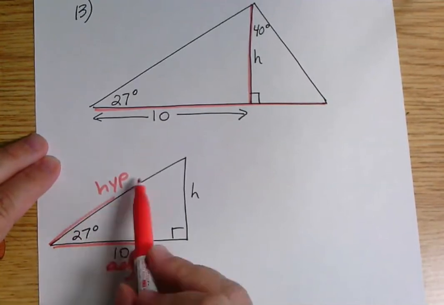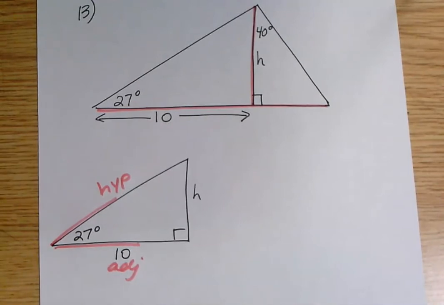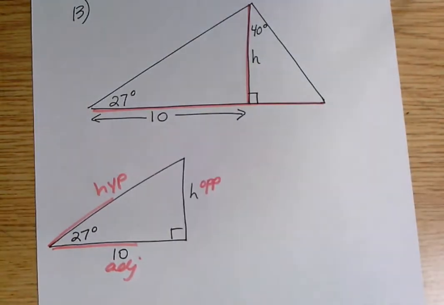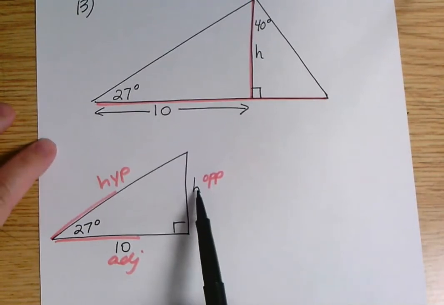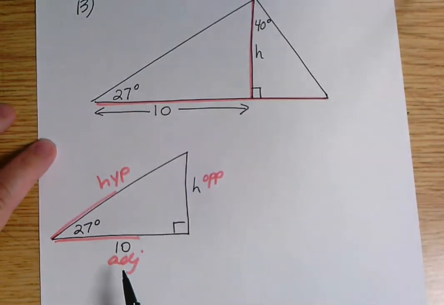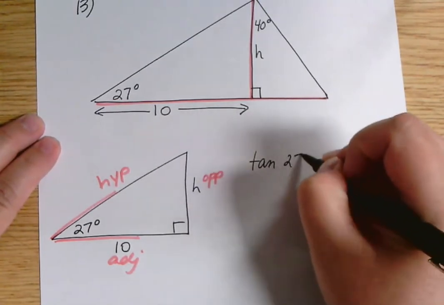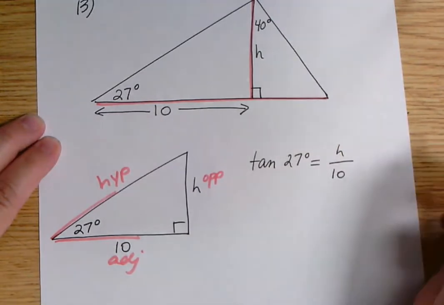The two sides of the angle are always the hypotenuse and the adjacent, so if you can tell which one's the hypotenuse, the other one is your adjacent. And here's the opposite. In this problem, I am trying to find the opposite, and the side I am using to find it is the adjacent. So I'm using opposite and adjacent, which is tangent. So tan of 27 equals opposite over adjacent.